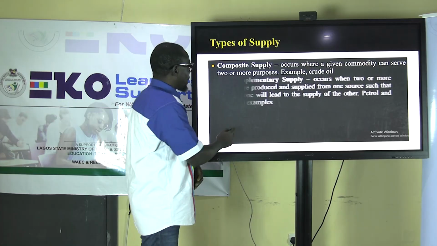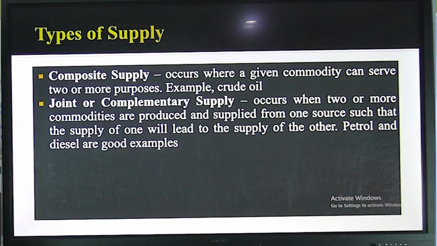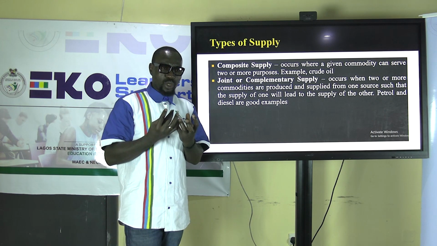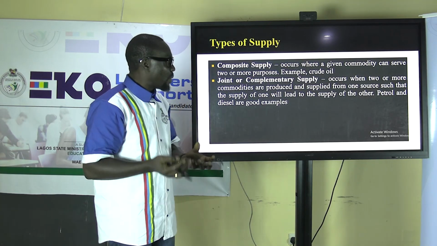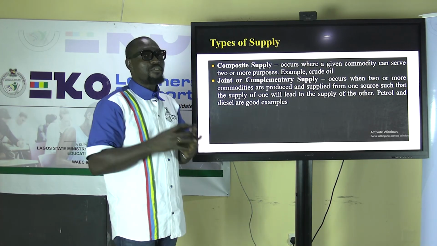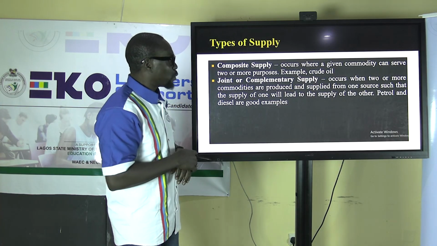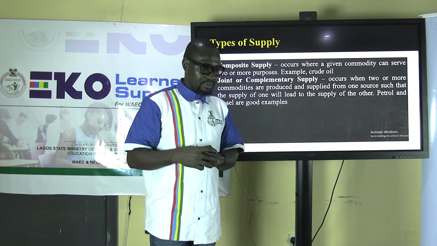The next is joint or complementary supply, and this is a case where two or more commodities are produced and supplied from one source. One source of production for two or more different commodities, such that the supply of one will lead to the supply of the other.